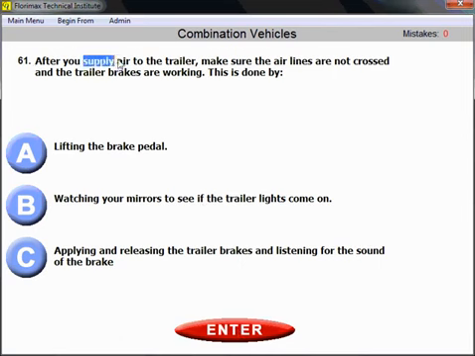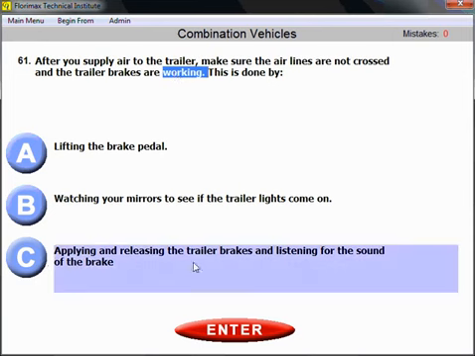After you supply air to the trailer, make sure the air lines are not crossed and the trailer brakes are working. This is done by applying and releasing the trailer brakes and listening for the sound of the brakes. And by the way, this is what you use your hand valve for.